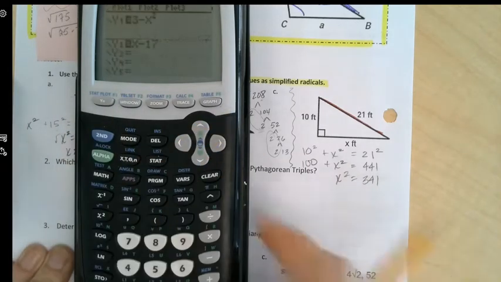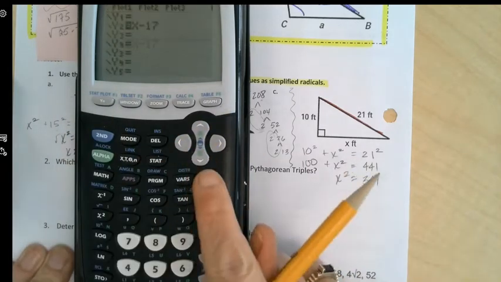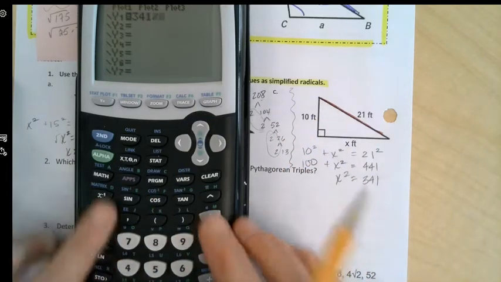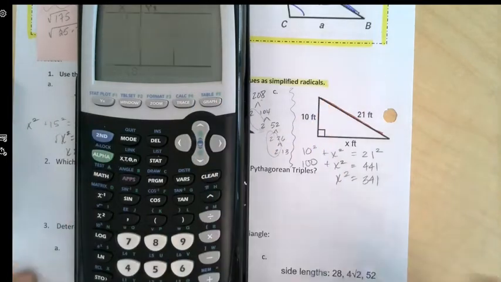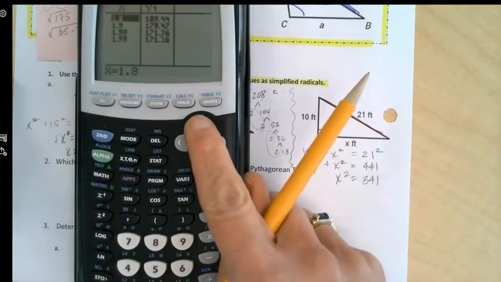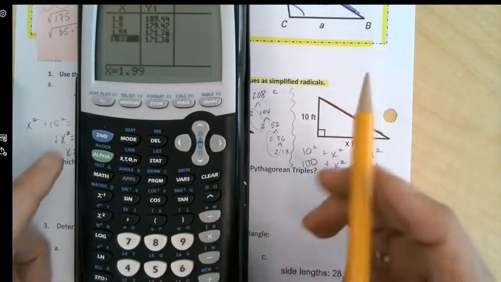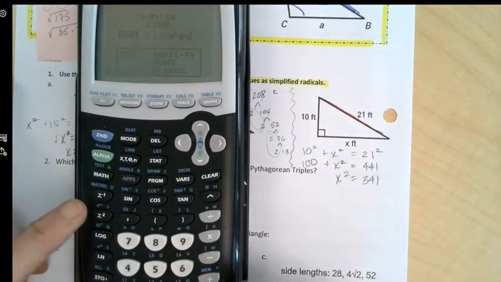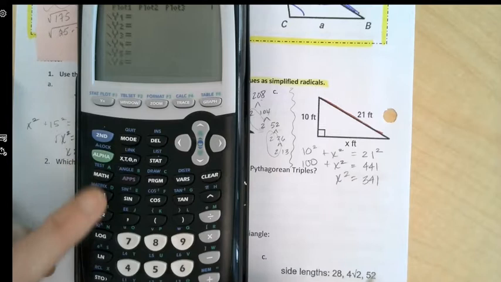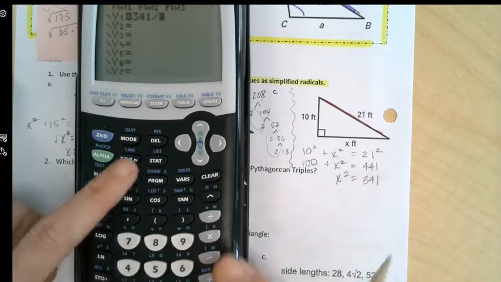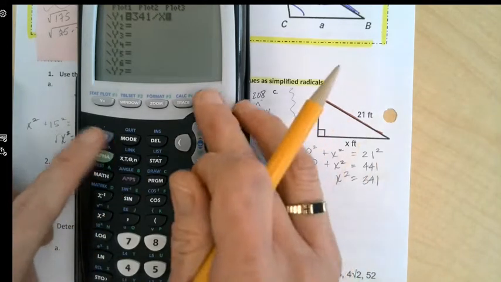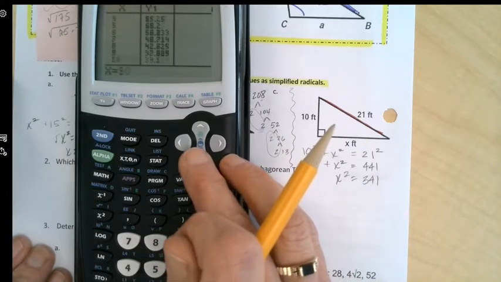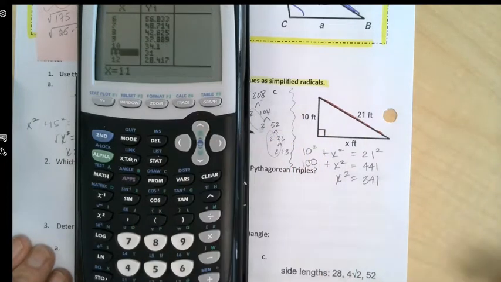Another quick way to check it is to go up here and ask myself 341 divided by all the numbers in the whole wide world. Go to the table of values. Oh dear, my calculator was set on something. Hold on a minute, let me clear it out. And I can do 341 divided by all the numbers in the whole wide world. 1 goes into it evenly, and 11.